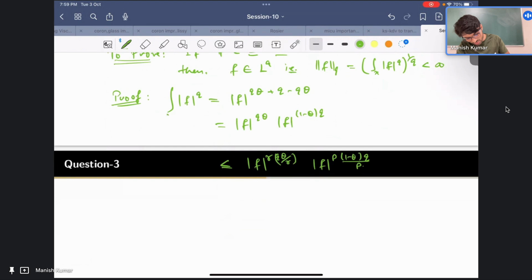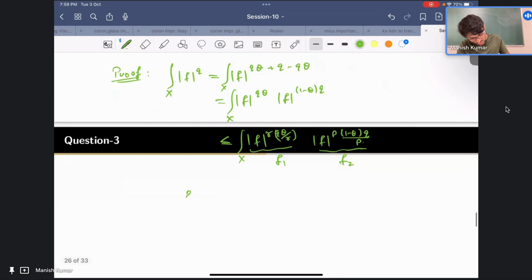So this is the integration over x. Now just look at this f1, and let's say this is f2. This f1, which is equal to mod f^r to the power q theta by r, I am saying belongs to L^(r by q theta).